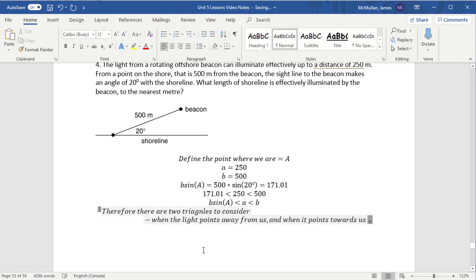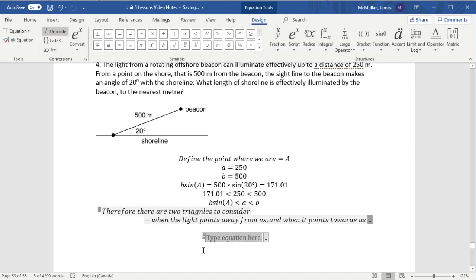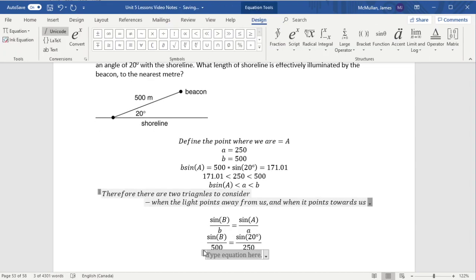So again, let's do the calculation. So what we would be trying to do here is we want to say something like sine B over b equals sine A over a. Okay, so we go sine B over 500 equals sine 20 divided by 250. Okay, so what we come to the conclusion here is that sine B is equal to 500 over 250 times sine 20.